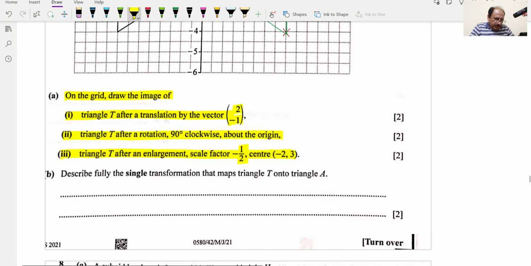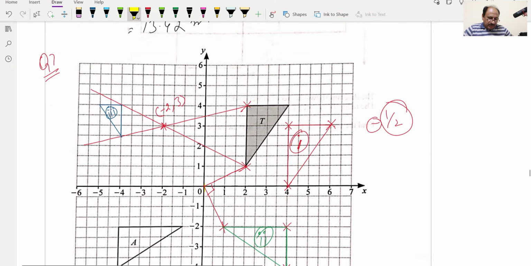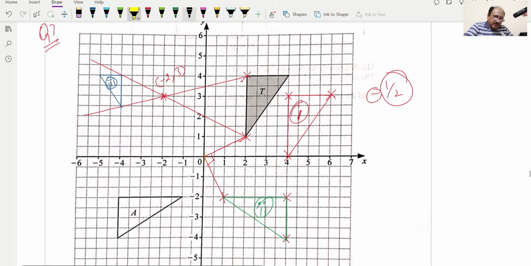Now they are saying part B, describe fully the single transformation that maps T onto A. T is over here and A is over here. So if we check, these are basically a reflection of each other, and the line of reflection we can draw. This will be the line of reflection, and I will erase this because it is mixing up with the other colors. So I'm just erasing this, and we can take another color, and I will draw a smaller line as well.